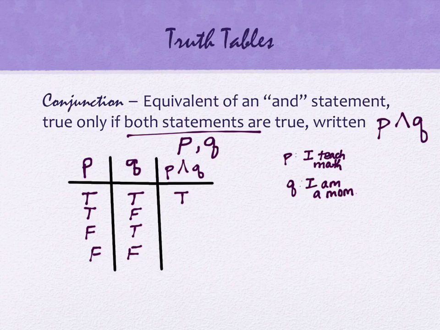And you might giggle at him, right? Now he does teach math. He teaches contemporary math. Some of you probably had him for that. He teaches other classes as well, but he does teach math. But he is not a mom. And so when he walks in and says, "I teach math and I'm a mom," you would say, that's false, right? He doesn't do both of those things, so he can't put the word "and" between them. That would be a false statement.